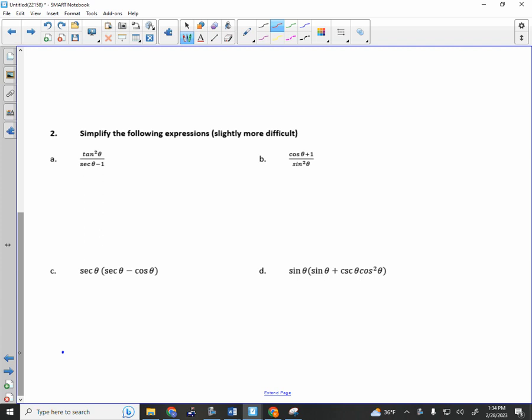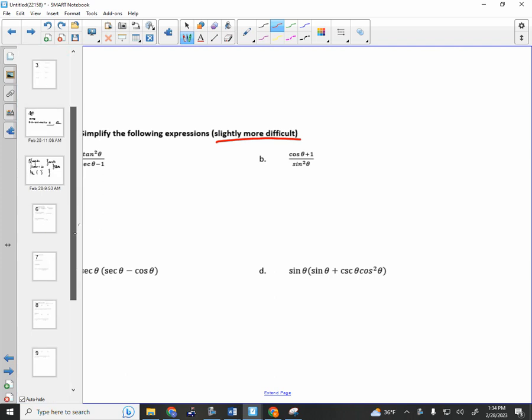So let's try problems that are slightly more difficult. I can't always tell you what to do when. You have to be able to recognize and apply. So this first problem is tangent squared divided by secant minus 1. When people see this, they often think, oh, secant minus 1, I'm going to substitute something.